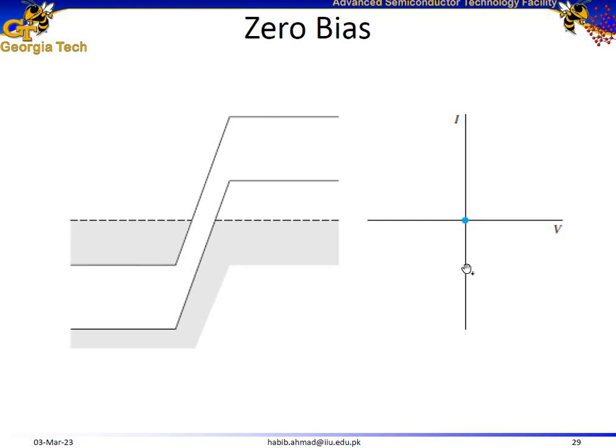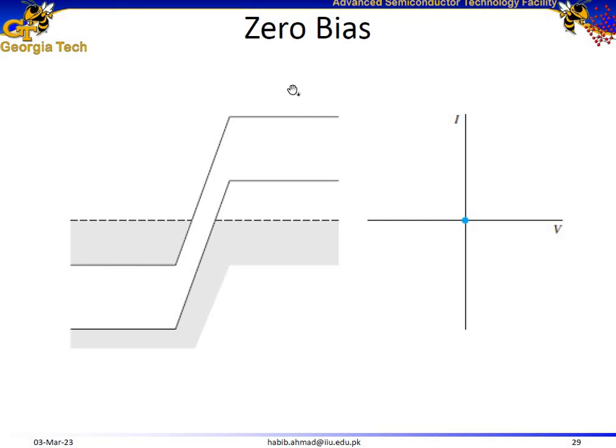Okay. Now let us talk about biasing of the tunnel diode. So under zero bias, once again, the Fermi energy level is going to be constant even for the tunnel diode. Okay, what happens if you increase the forward biasing, or if you apply positive potential to the P side?